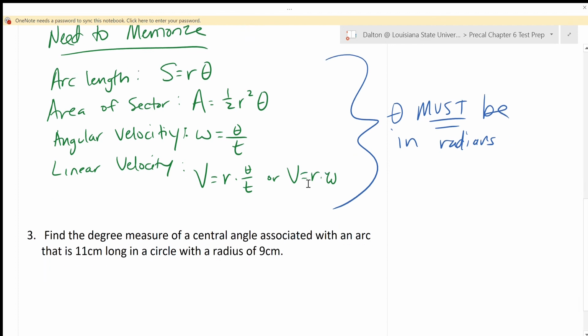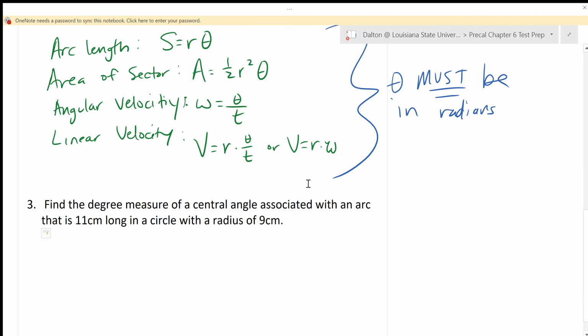The key phrase here is 11 centimeters long. That lets us know that we are dealing with arc length. So I know I'm dealing with S equals r theta. It says find the degree measure of the central angle associated with the arc that is 11 centimeters long, so that's going to be S, right?